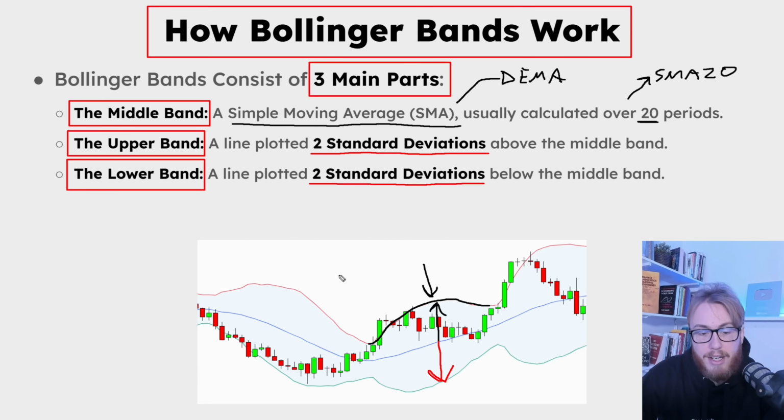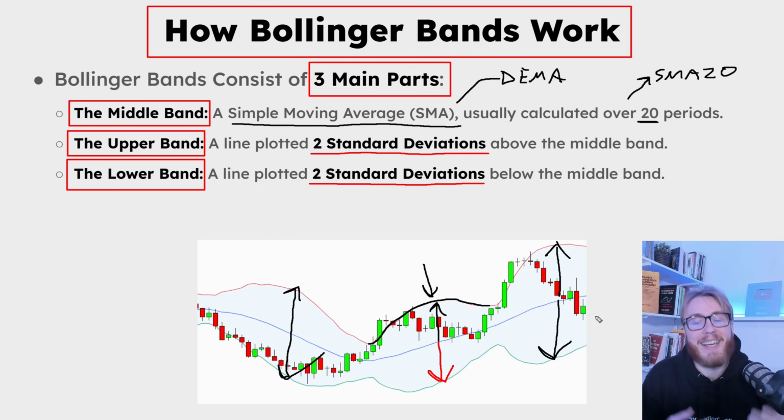It doesn't matter where we look on the chart. If you look right here, this length is equal to this length. If we look right here, this length should be equal to this length, and so on. The upper and lower band will always be the same distance away from the middle.